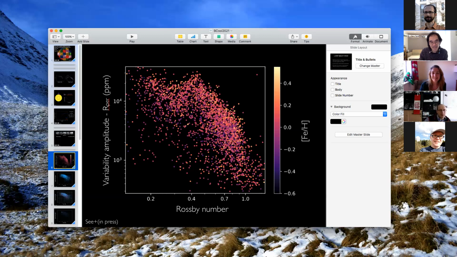And my understanding of what Victor was explaining is that, not only the contrasts of the magnetic features, but also the number of these magnetic features, the distribution, might be affected by metallicity. So both effects probably take place. Which of them is more important? That's probably something for us to investigate. That's at least my understanding.